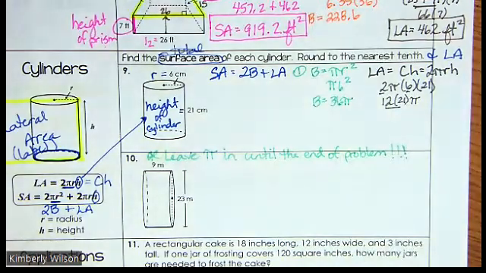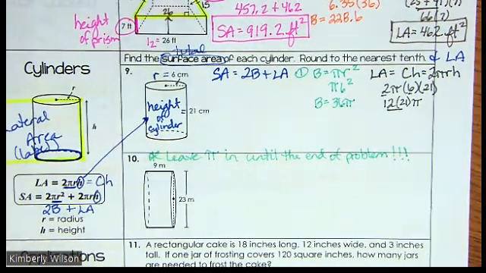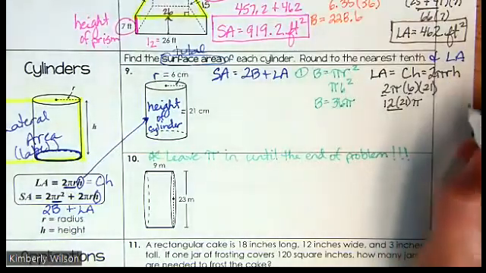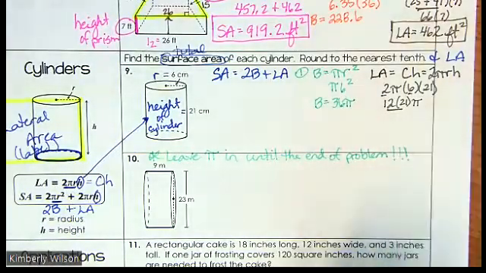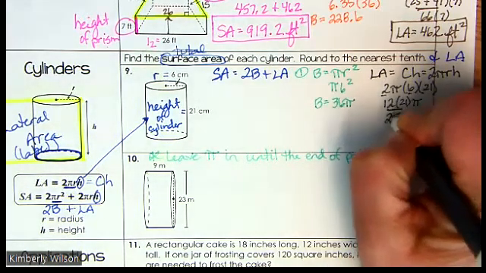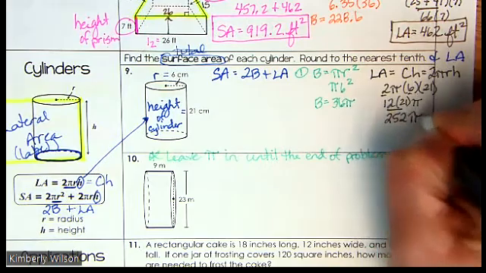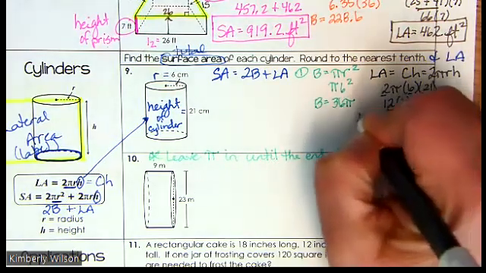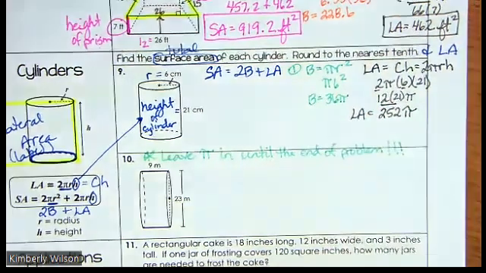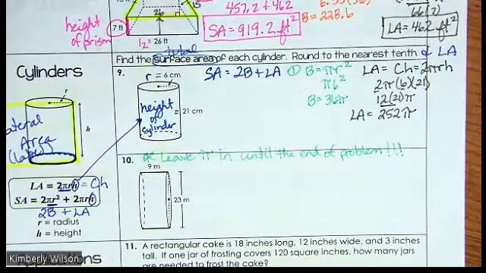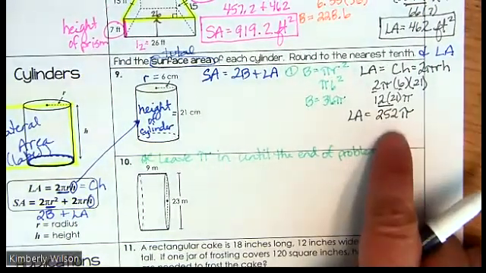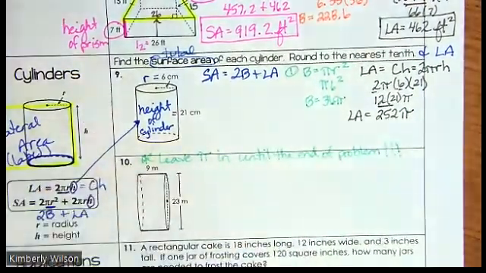So now we have 12 times 21, which is, let's do 12 times 21. Oh, that's a palindrome. It's 252. So we have 252 pi, and that represents the lateral area. Okay, we'll come back later and plug in the 3.14 here. I want to go back and solve now.